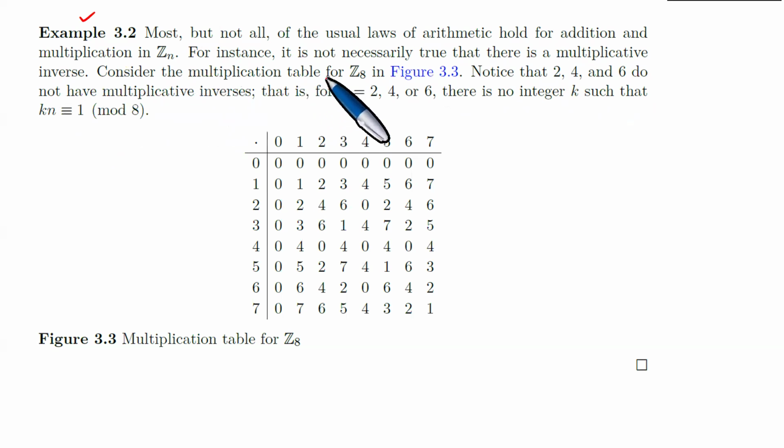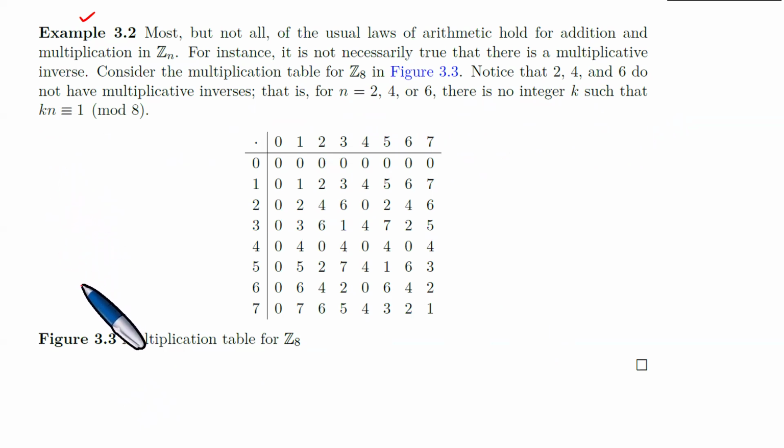Consider the multiplication table for Z sub 8 in figure 3.3. Notice that 2, 4, and 6 do not have multiplicative inverses. That is, for n equals 2, 4, or 6, there is no integer k such that kn is equivalent to 1 modulo 8.